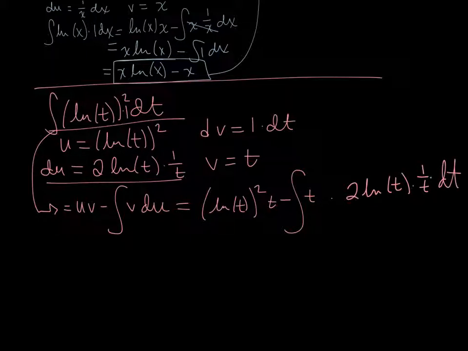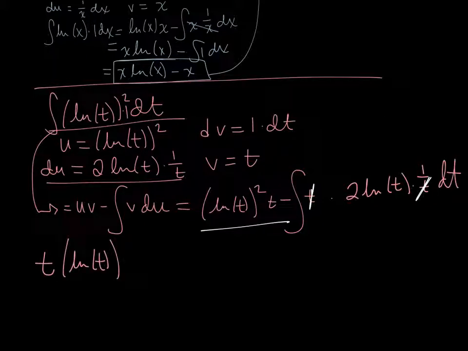Now as you can see, this t and that t are going to cancel, and I'm just going to rearrange this. I'm going to write the t first. So t ln of t quantity squared minus, I still have a 2 left, and I have the integral of ln t dt.